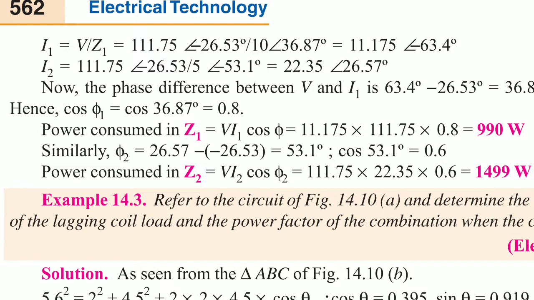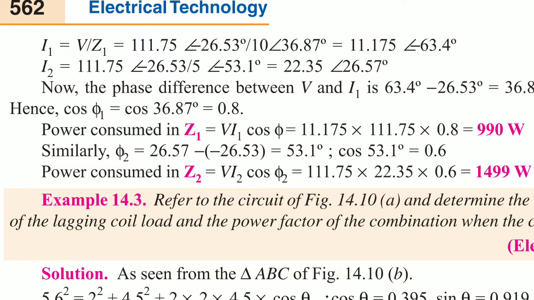Now power consumed in branch 1 is P1 is equal to V I1 cos phi 1, that is 11.175 into 111.75 into 0.8, which gives 990 watts.